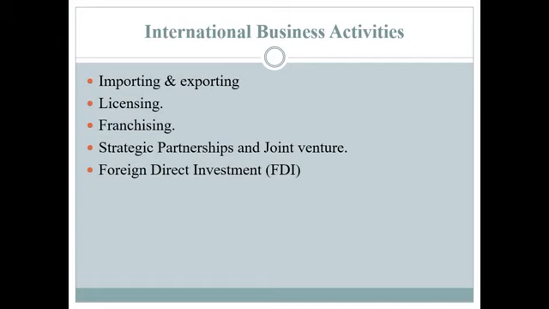So what happens in strategic partnerships and joint ventures? Two or more companies come together and work on certain projects or tasks. After completion of the task, they earn profits and gains. They can continue it or discontinue it.